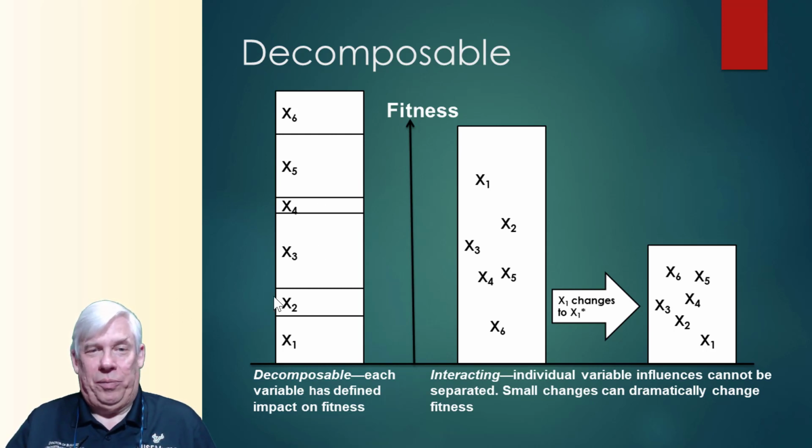And so different values of X3 will add fitness somewhere in this range. In a rugged landscape, you really can't say that. You have all these variables, but because they interact, even relatively small changes in one variable can have a big impact on overall fitness.